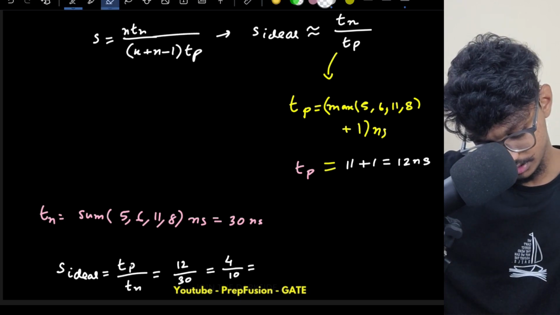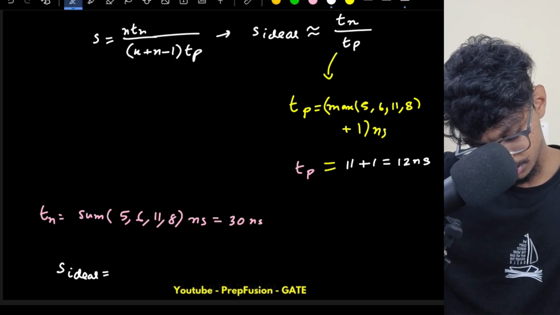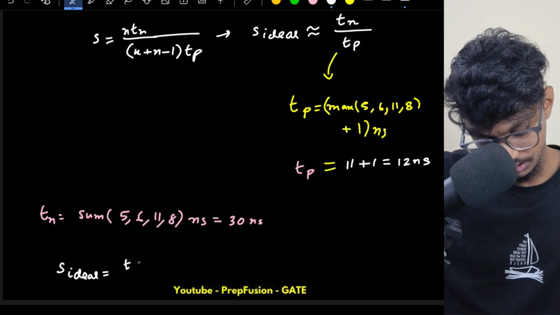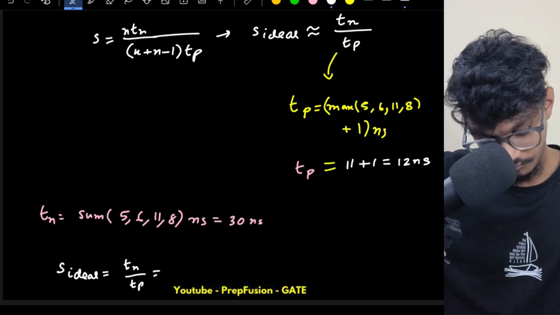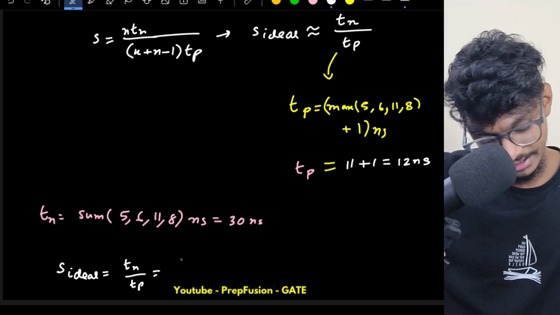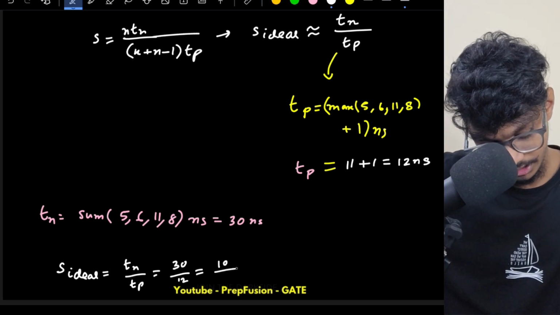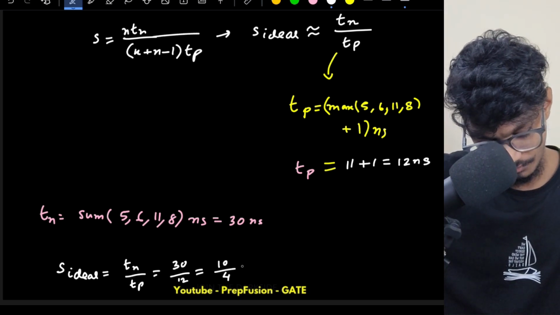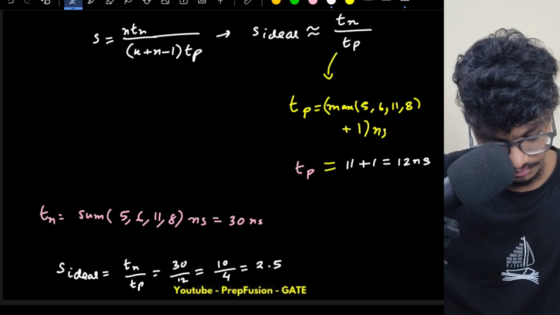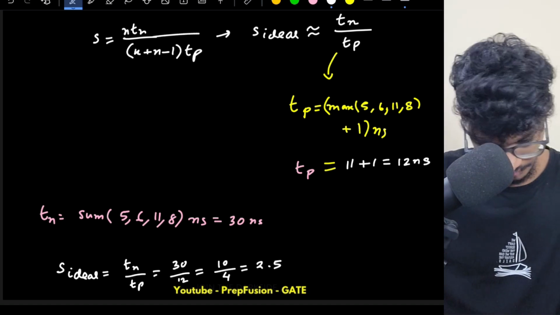Okay, I am wrong actually. Sorry, it's the opposite. It's TN over TP. Higher over lower, it cannot be lower. So it will be 30 over 12, which is 10 divided by 4. This will be 2.5. So the ideal speed up will be 2.5. This will be your answer.